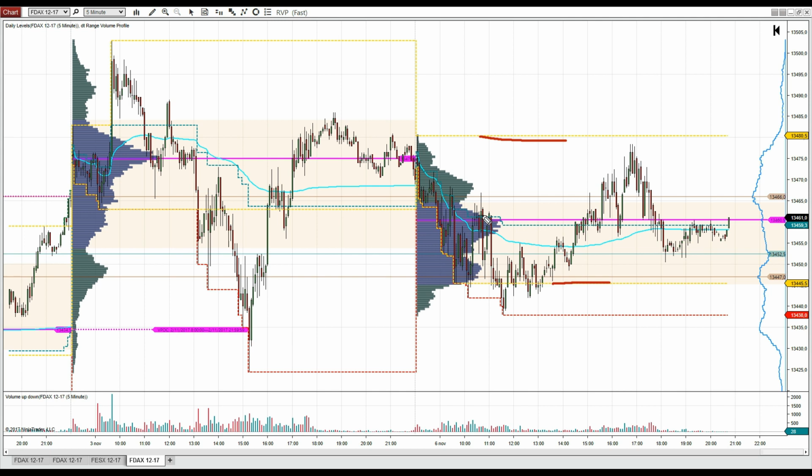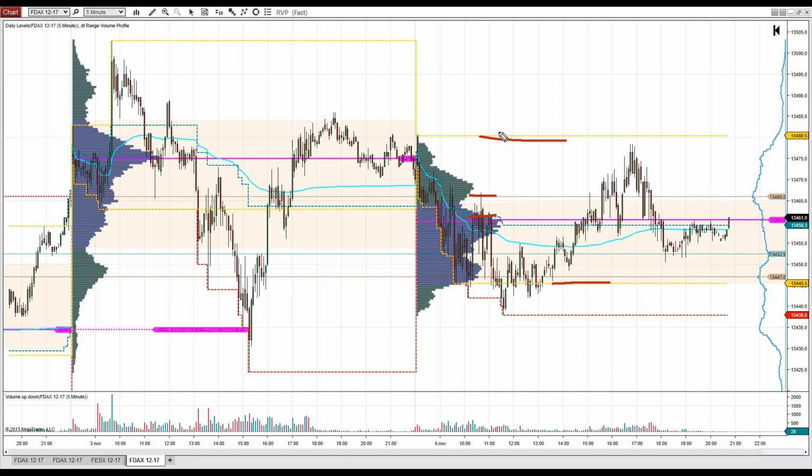So this tells me that I should be looking at the short side. So knowing the IB is in, I can look for an area to go short. It can be either the mid or this high volume node on the composite profile.